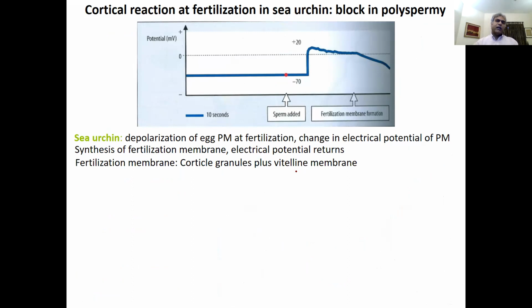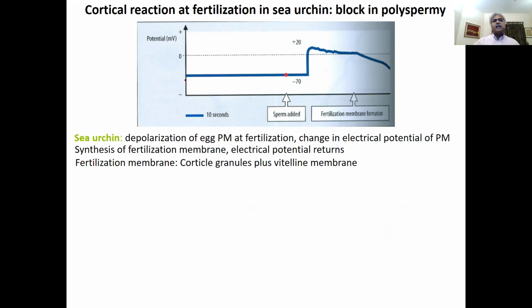And as I told you, the release of cortical granules eventually forms a membrane outside the plasma membrane of the oocyte. As soon as the sperm cell membrane fuses with the oocyte cell membrane, there is membrane depolarization. And when membrane depolarizes, there is change in the potential, and that can be measured. That was done in the sea urchin.